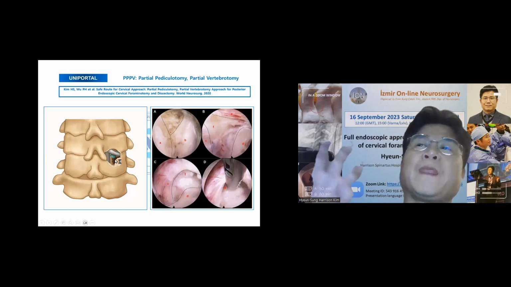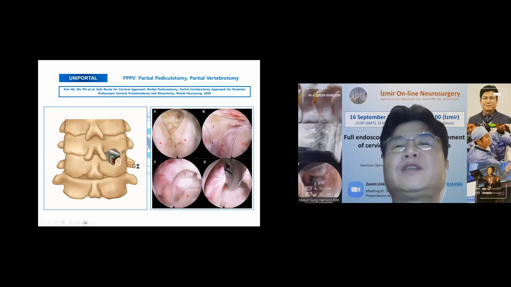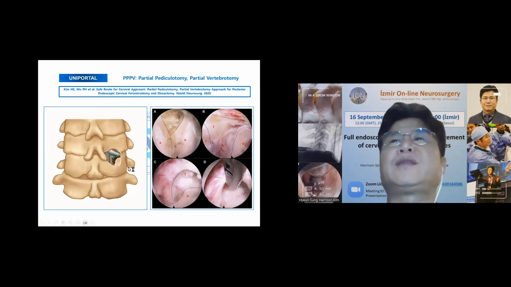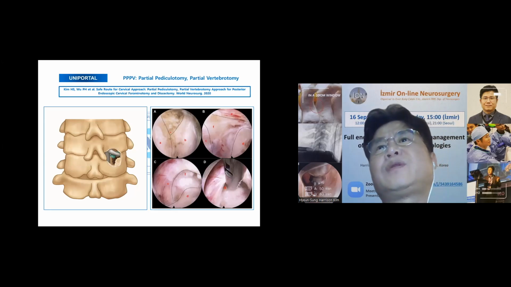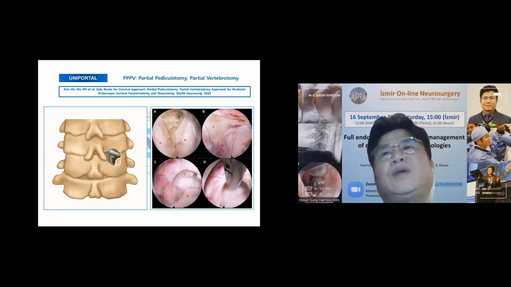Because of that, the foraminal decompression can also be nearly complete in spite of the posterior approach. In the cervical area, mostly the pathology is located in the foraminal area. So if we manage this area completely, the anterior approach may decrease a lot.